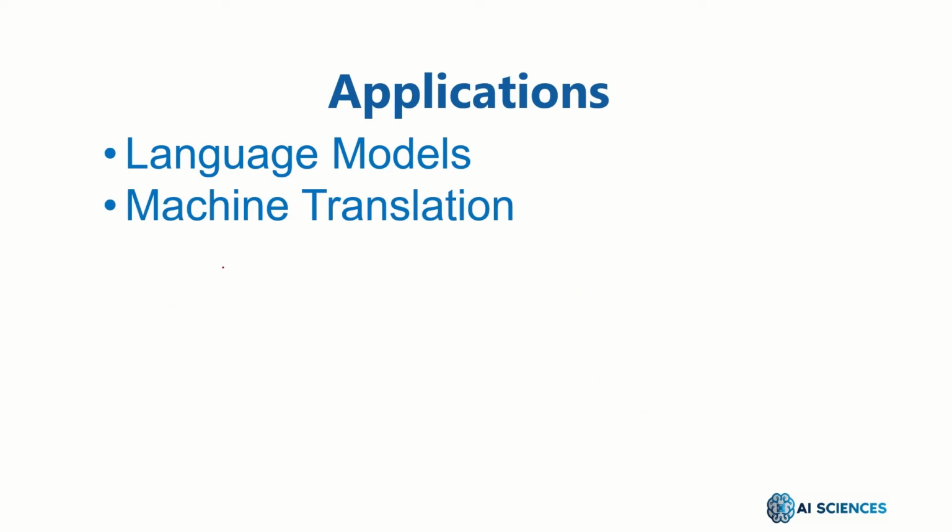Language models are also useful in machine translation. For example, given an English sentence, if somebody wants to convert that English sentence into a French one, then the language model is useful in generating this machine translation. For example, in generating from English to French or vice versa, what are the most likely words that should appear in the particular sentence?